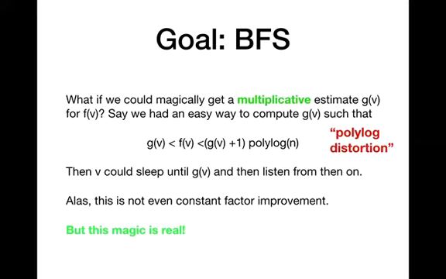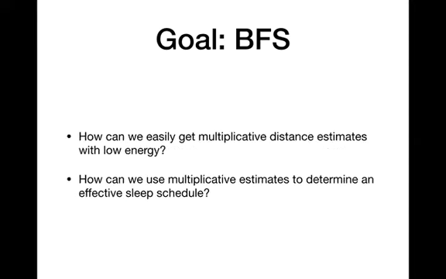In other words, we can get such a multiplicative estimate. So to summarize, we wish we could get an additive estimate because that would allow us to solve BFS in low energy, but we can't. We can get a multiplicative estimate, but that doesn't really give us a constant factor improvement. So where do we go from here? Well, it turns out that actually multiplicative estimates do help.